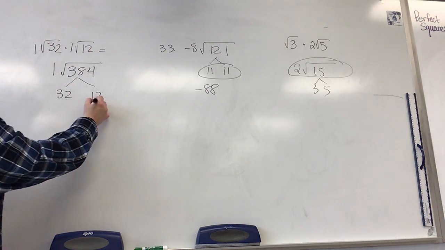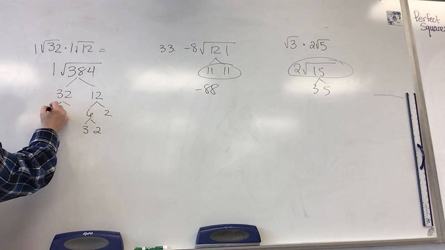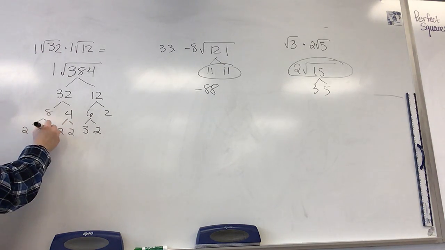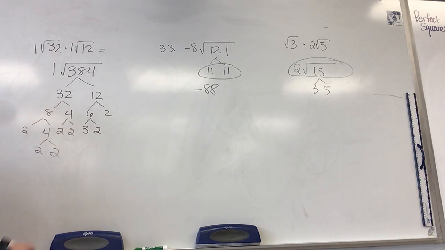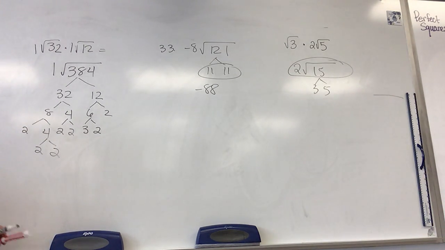And then you can bring it down, 6 and 2 maybe, and 3 and 2, and 8 and 4, and 2 and 2, and 2 and 4, and 2 and 2. You got a big factor tree. And we're looking for pairs again.